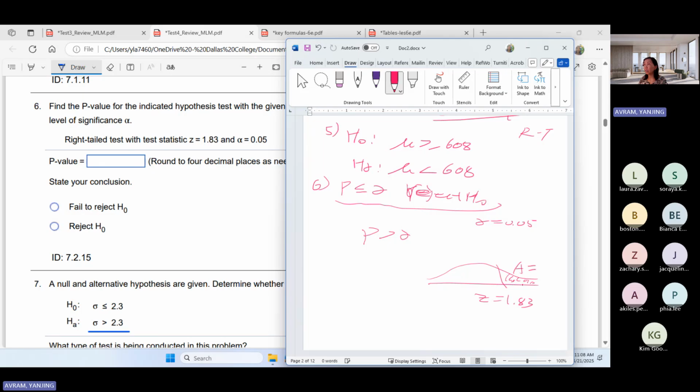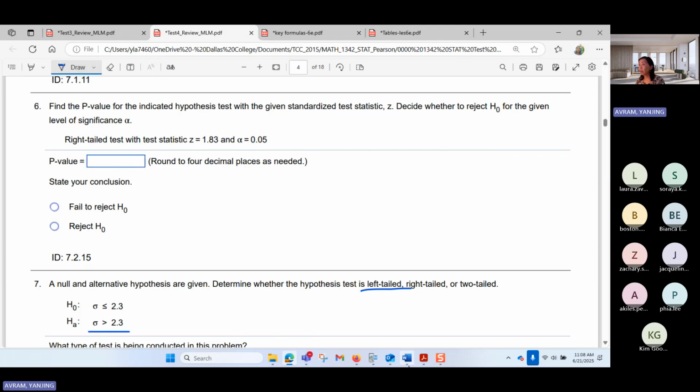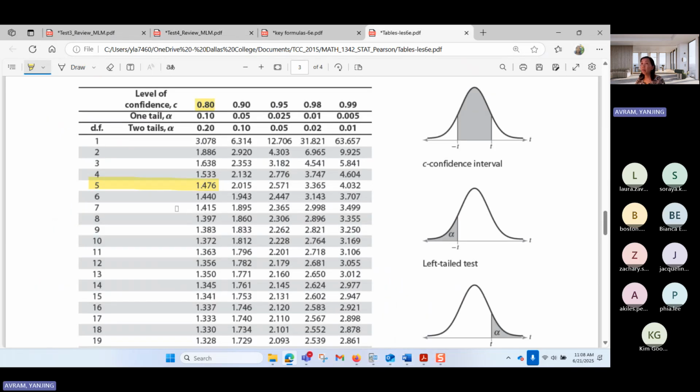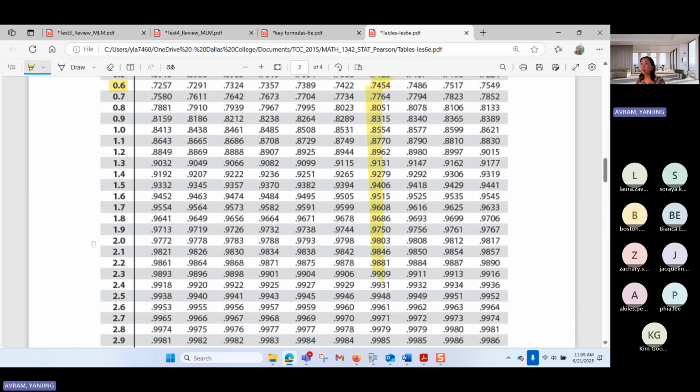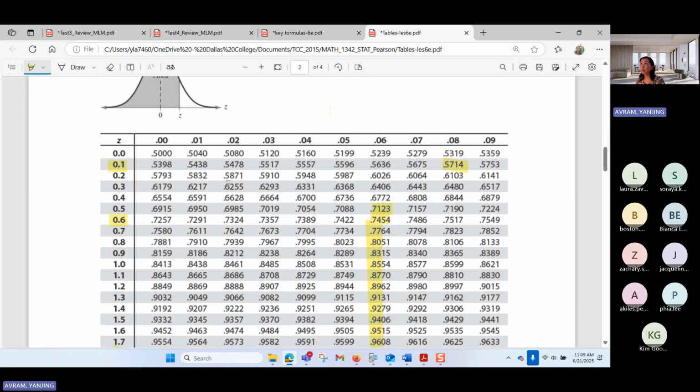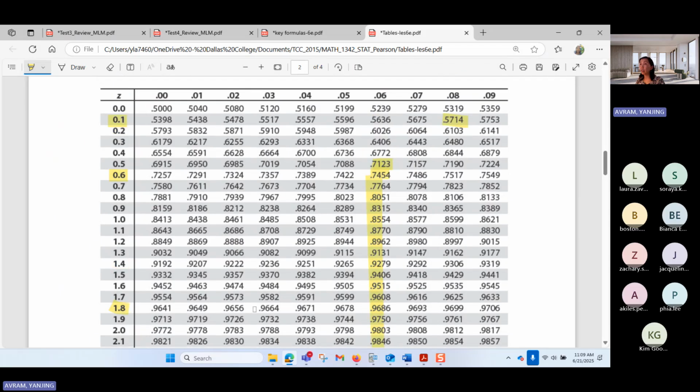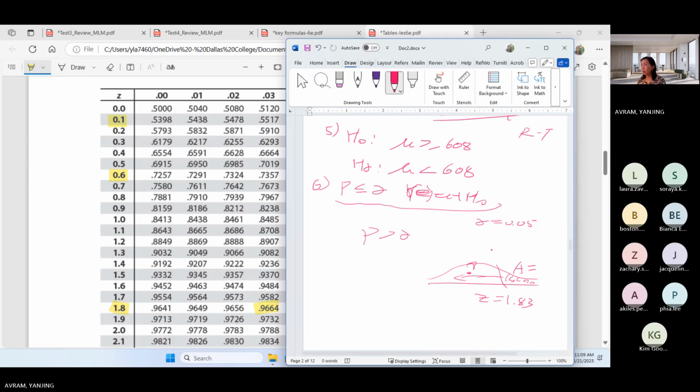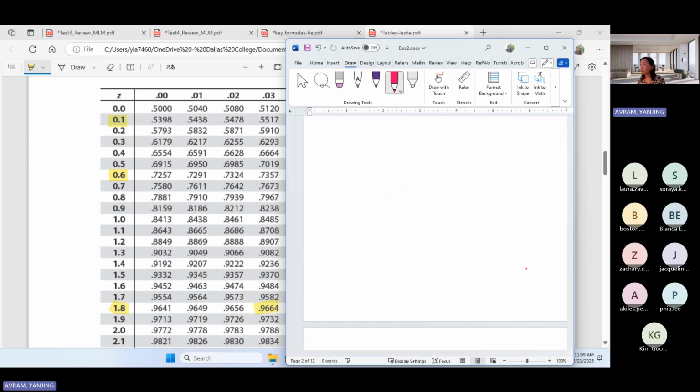If I read this z-score, I will know the area to the left, right? 1.8 right here, 1.83 will be right here, 0.9664. And then the area to the right will be 1 minus 0.9664.